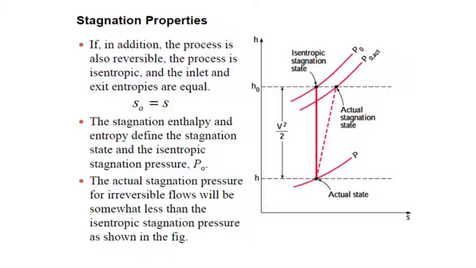Therefore, the relation is S naught is equal to S. The stagnation enthalpy and the entropy define the stagnation state and the isentropic stagnation pressure P naught. The actual stagnation pressure for irreversible flows will be somewhat less than the isentropic stagnation pressure. You can see the top curves are represented as P naught and P naught actual. P naught actual is somewhat lesser than P naught, that is, the isentropic stagnation state.